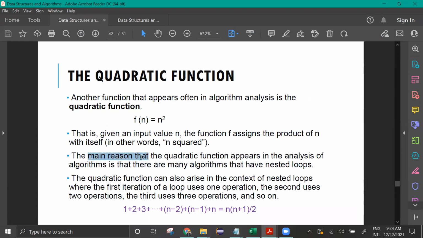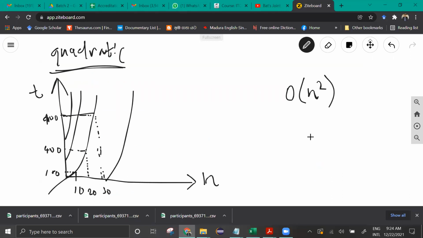The main reason that the quadratic function appears in analysis of algorithms is that there are many algorithms that have nested loops. So I'll explain that. In our programs, if we have nested loops, a for loop here and inside that another for loop, this is a very common structure.